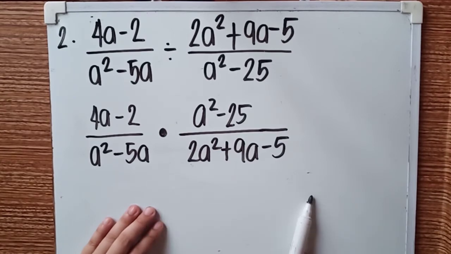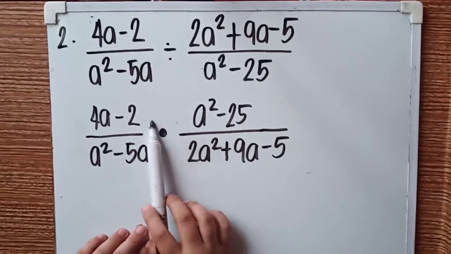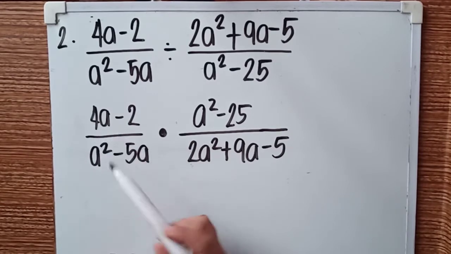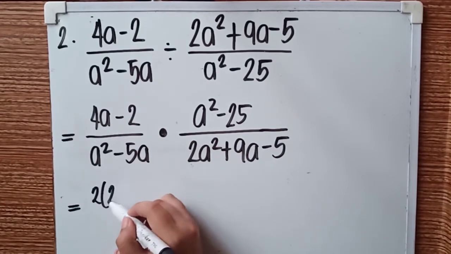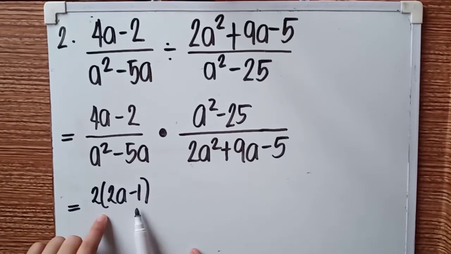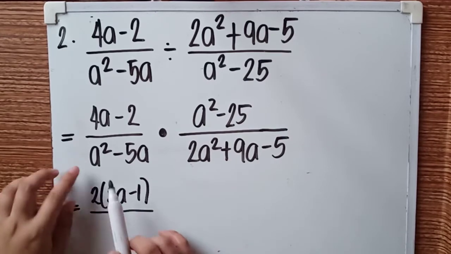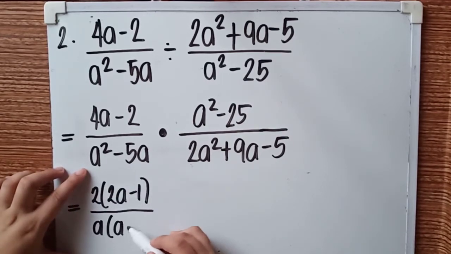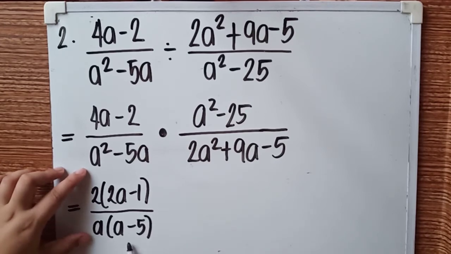The first step is factor each numerators and denominators. The factored form of 4a minus 2 is 2 times 2a minus 1 by greatest common factor. The factored form of a squared minus 5a is a times a minus 5 by greatest common factor.